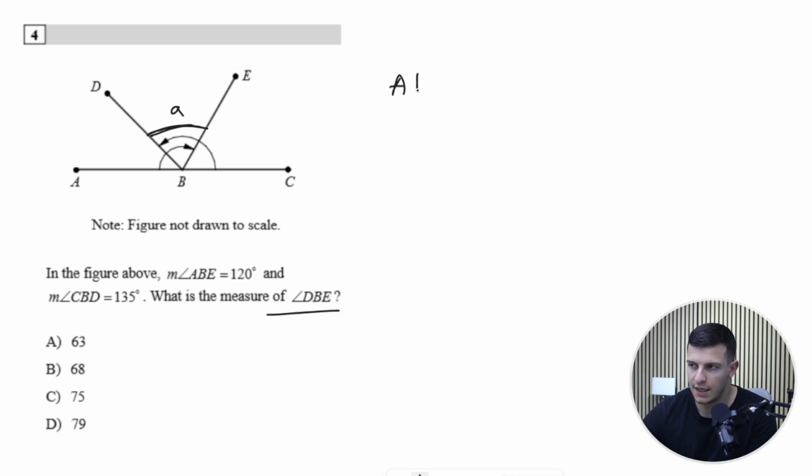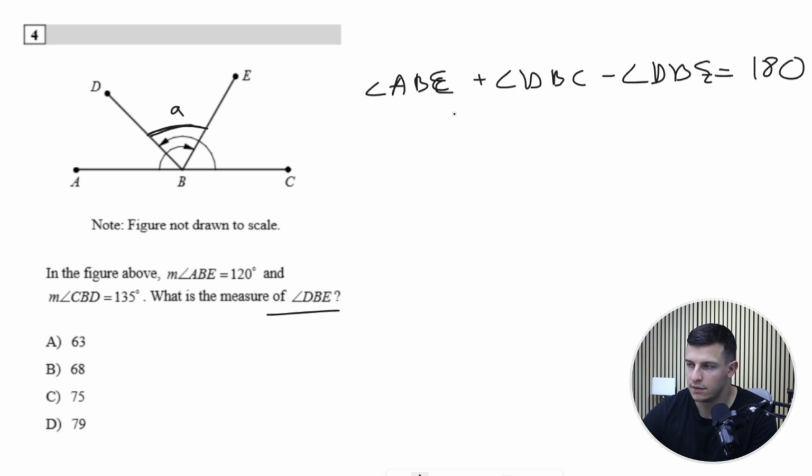So if I take angle ABE plus angle DBC, and minus angle DBE, I should get 180 degrees. Again, because the first two have a double count of DBE. That's why I'm subtracting one of them.